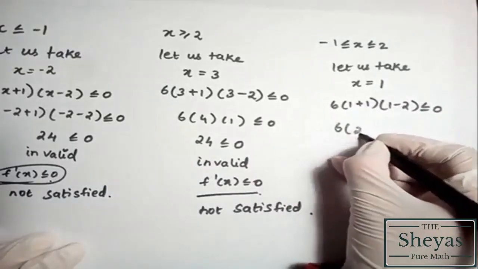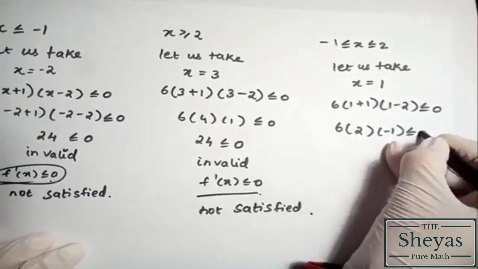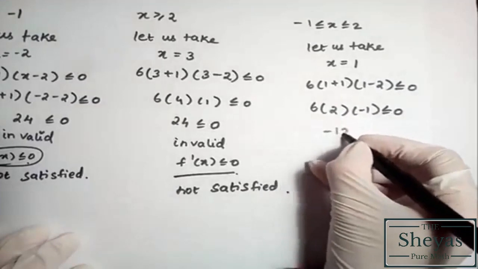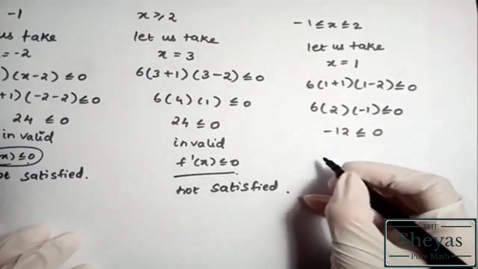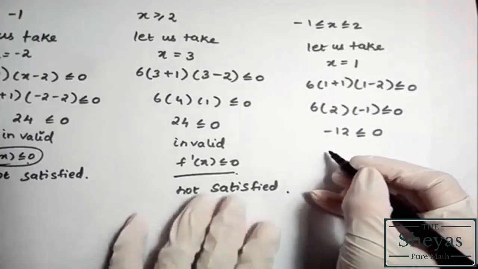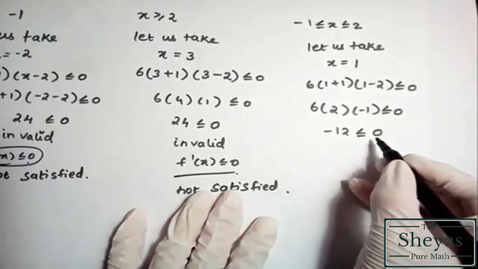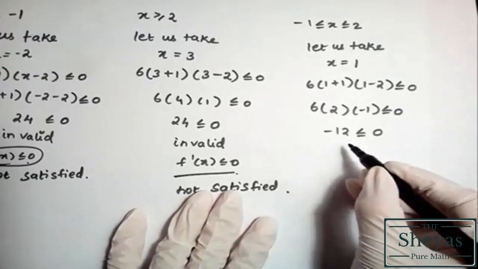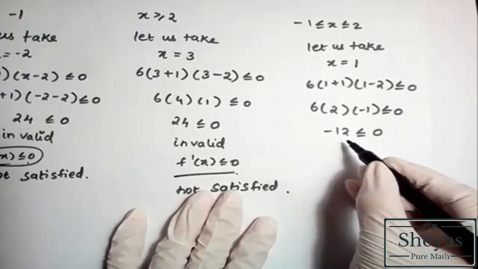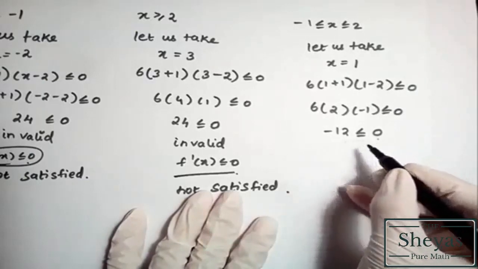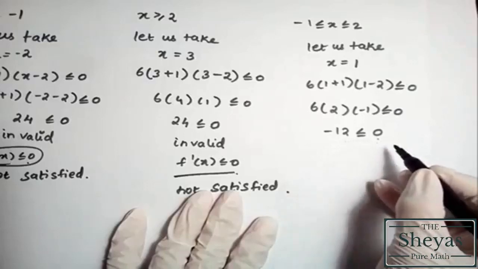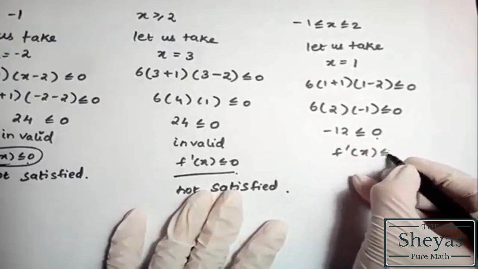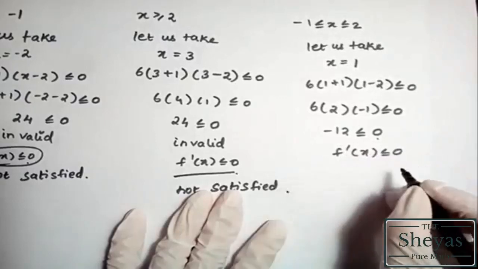So 6 into 2 into minus 1, that is minus 12 less than or equal to 0. Now this is a valid value. So your condition, minus 12 less than or equal to 0, f dash of x less than or equal to 0, is satisfied.